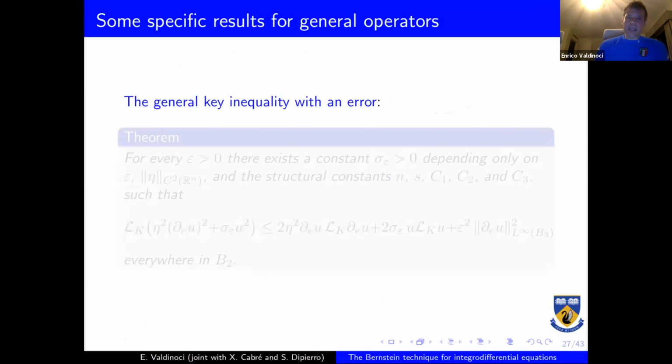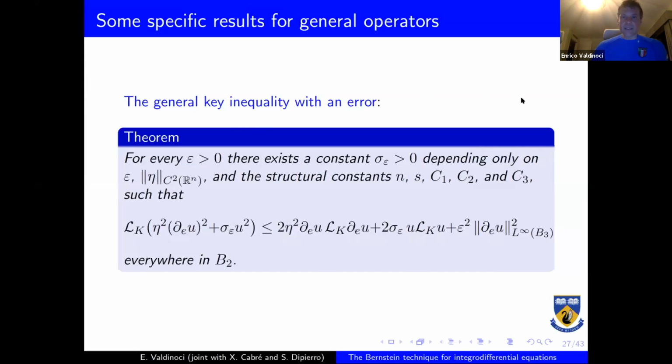And the idea of dealing with the possible additional error is that the inequality that we prove is the following. You have your auxiliary function as usual, you compute the integrodifferential operator on that. You have the right-hand side that you expect plus an error.